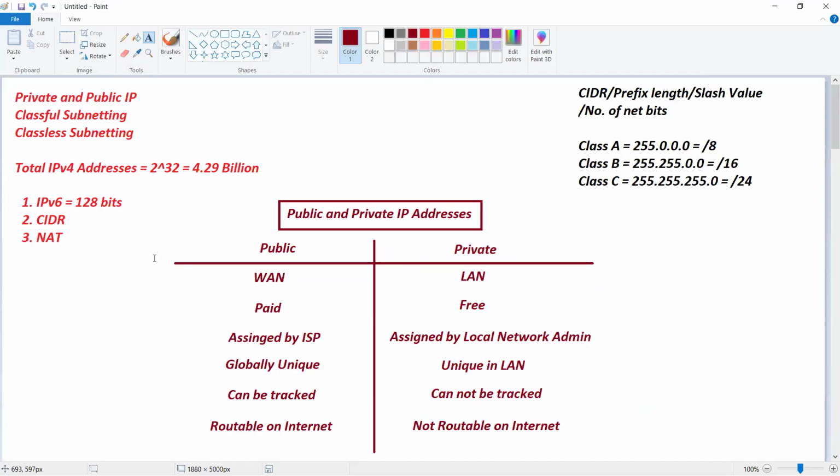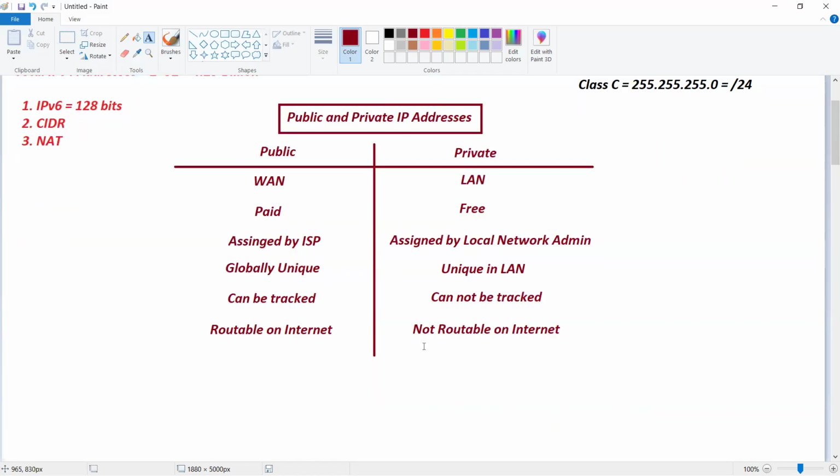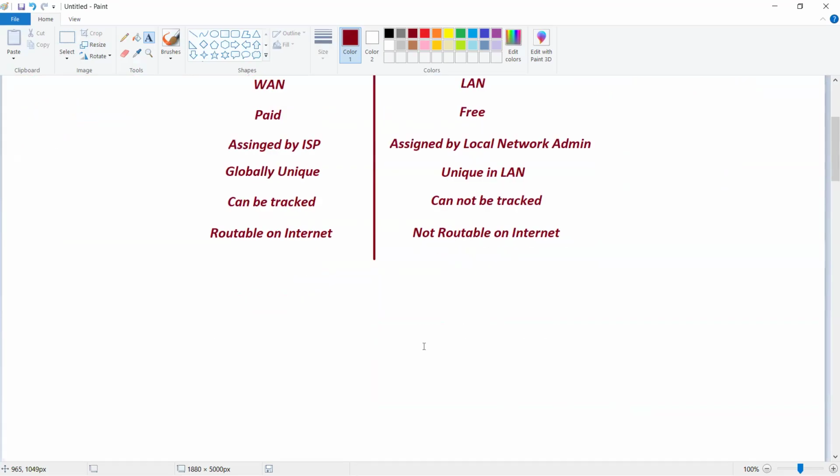So these are a few of the differences between your public and private IP addresses. Now, we use three classes: class A, class B, and class C. In each class, a specific number is reserved for private addresses. Okay, so I'll create a table here.